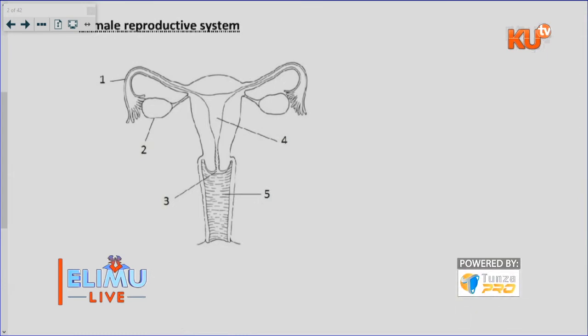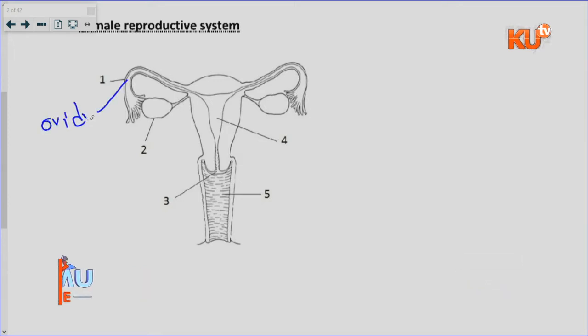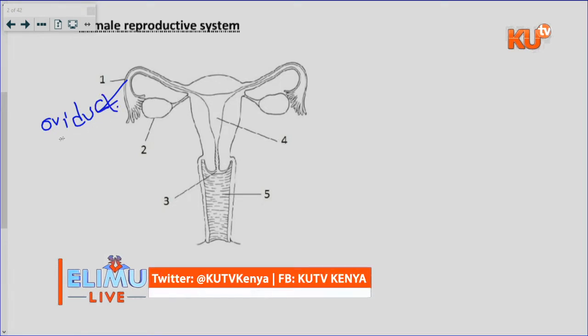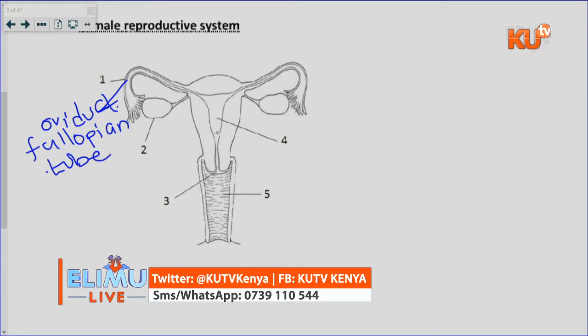This is the diagram of the female reproductive system. Number one is what we call the oviduct, also called the fallopian tube. We have the ovary, that is number two.